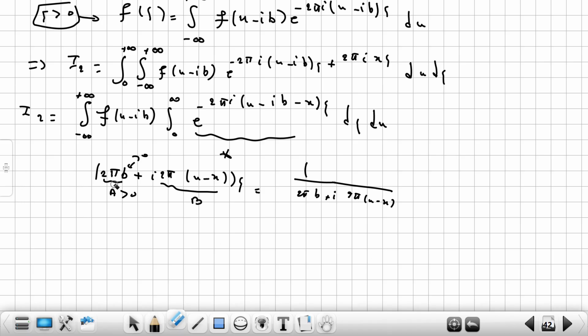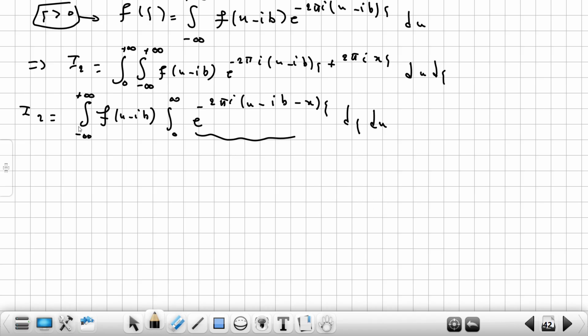Now turning back to the main integral I2, we find that I2 is equal to what? The integral from minus infinity to plus infinity of f of u minus ib du over 2 pi b plus 2 pi i (u minus x).